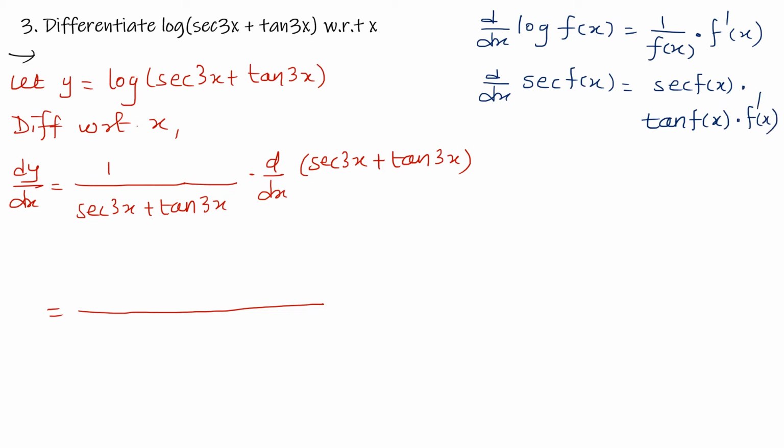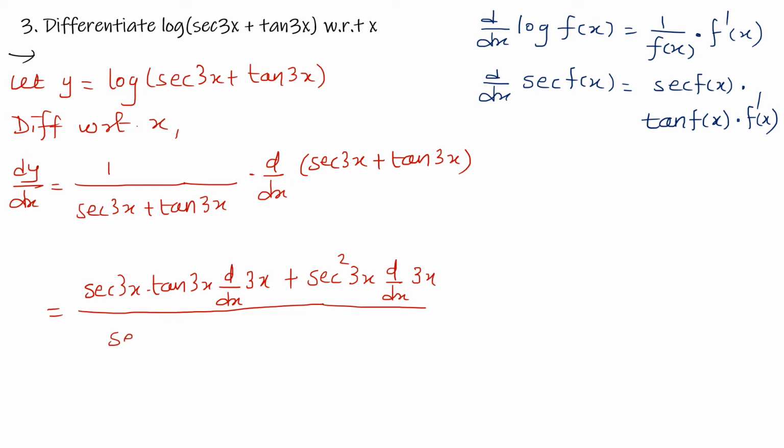So here I get sec 3x into tan 3x into the derivative of 3x, plus. Now what is the derivative of tan 3x? I hope you remember the derivative of tan 3x is sec square 3x into, here also some other function of x comes and that is 3x. So into the derivative of 3x. While I'm keeping the denominator the same, that is sec 3x plus tan 3x is my denominator.